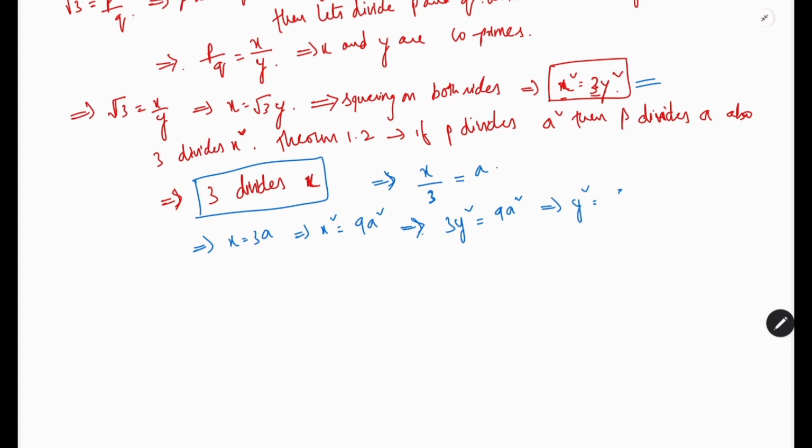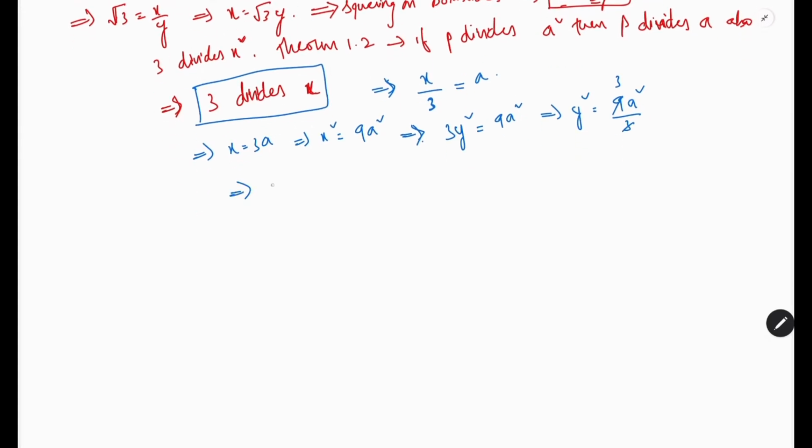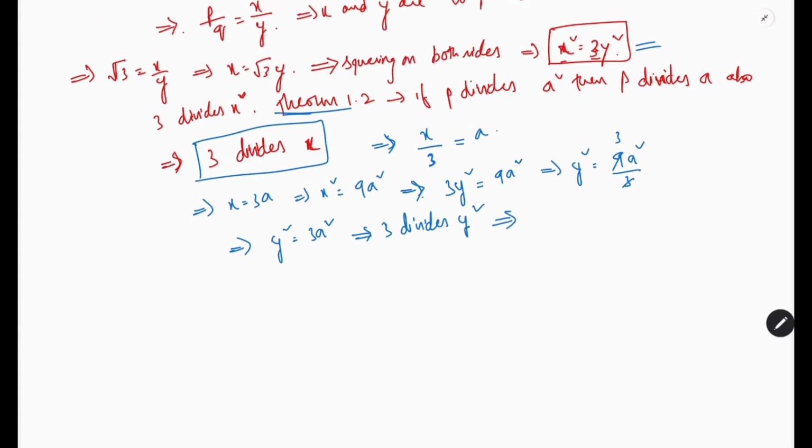So Y square equal to 3A square. From this equation we can say that 3 divides Y square. So if 3 divides Y square, then 3 divides Y also, according to theorem 1.2.